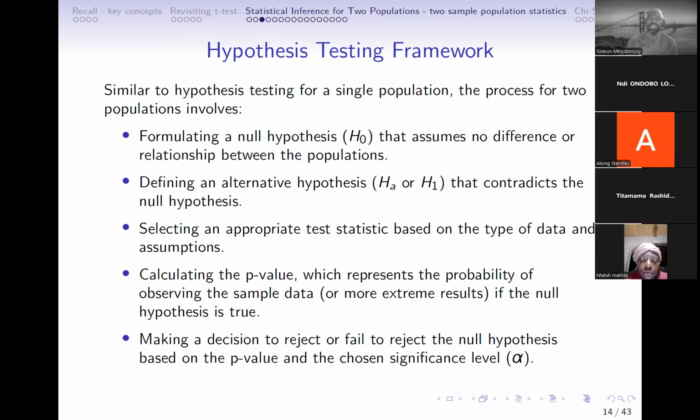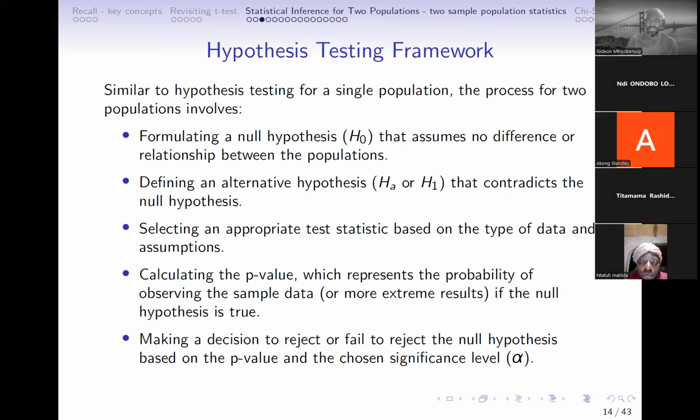Those are your two hypotheses, along with your alpha. Then you will still encounter the same challenge. What kind of test should I use in order to determine whether it's the null or the alternative? In order to do that, it will be based on assumptions and conditions about your data.